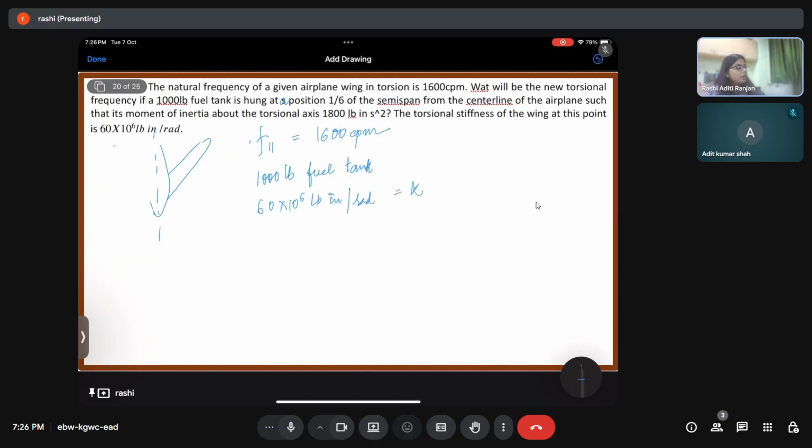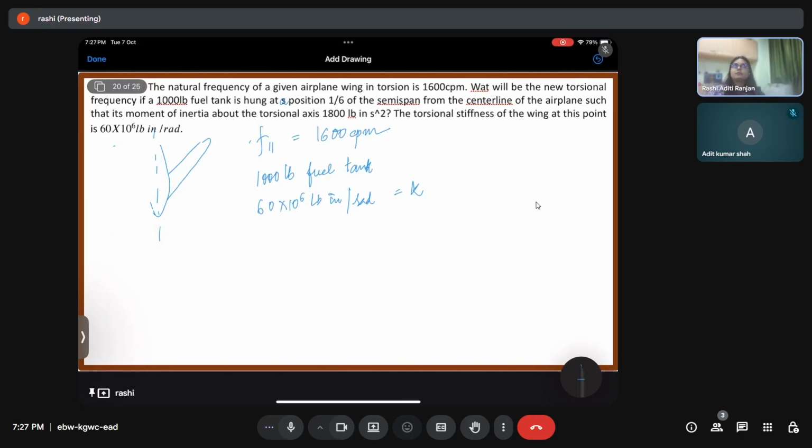Correct. Now, from the mass and stiffness, can we evaluate the frequency for the fuel tank? We know the mass of the fuel tank. It is already given. We need the torsional stiffness at this point, which is already given. So what do we need to find out? We need to find out the frequency omega 22, right?